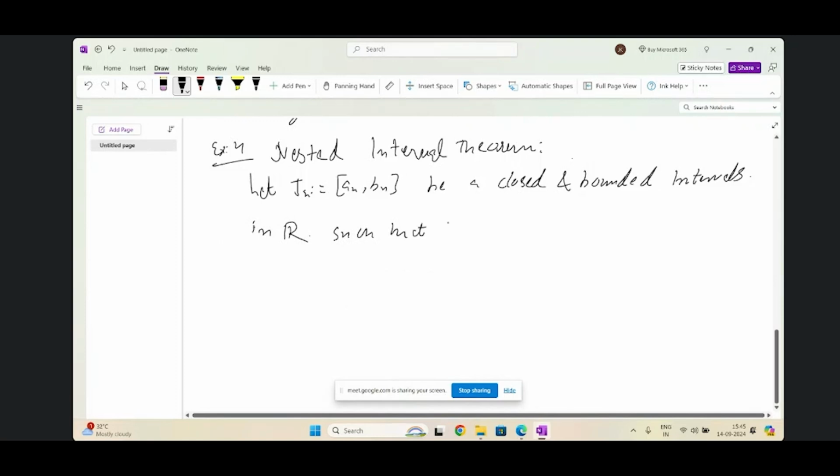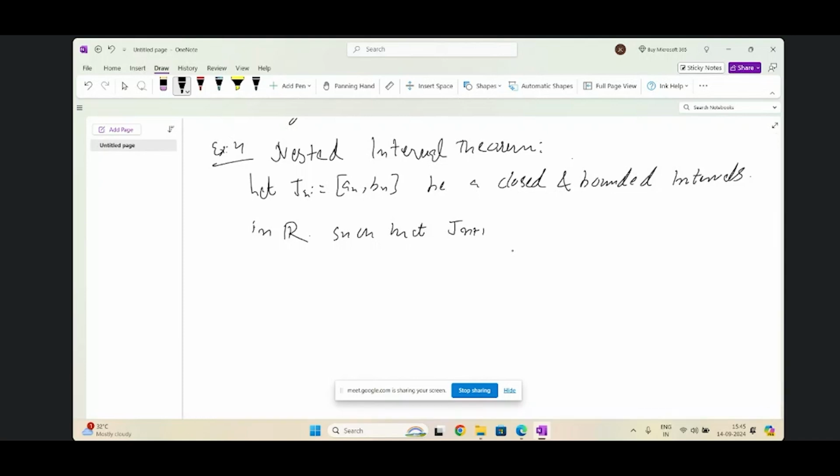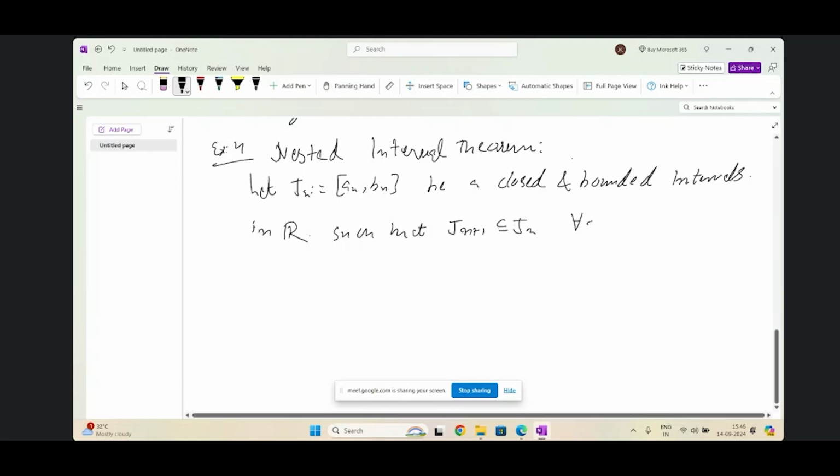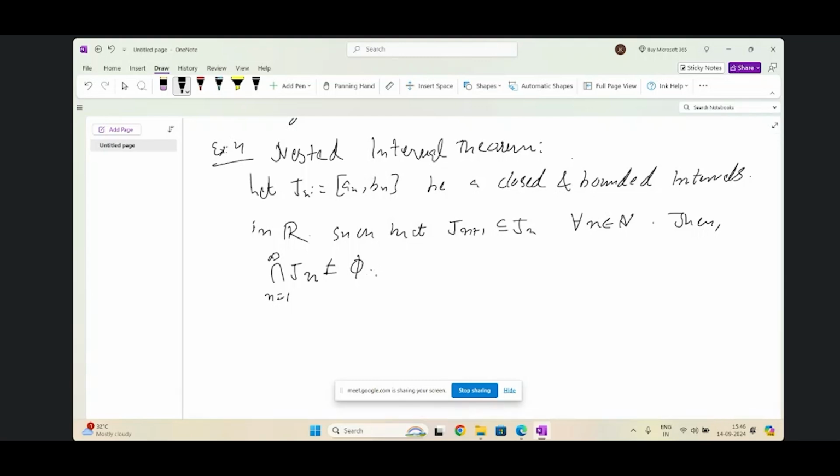The theorem states that the intersection of all of the Jn is non-empty. That is, Jn plus 1 is a subset of Jn for all n belonging to N, then the intersection of Jn is non-empty. So in today's talk, Gauri will prove this result also, and you will see how the LUB property is able to prove this.